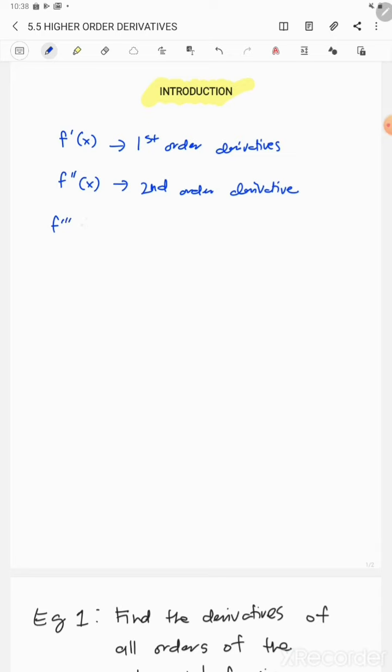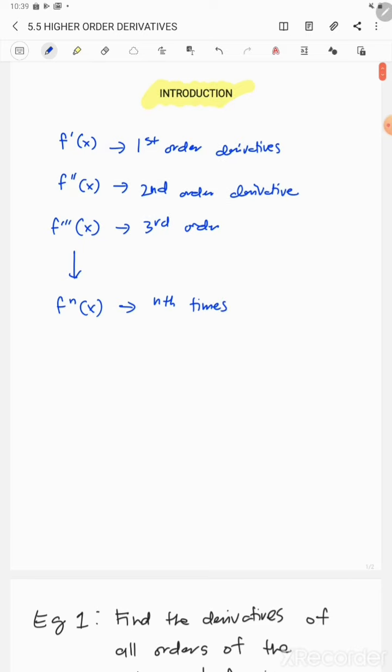Let's say we differentiate a third time, we call it the third order. And this can go to f superscript n of x, meaning that you differentiate it n times. So these are the steps or the method for higher order derivatives.